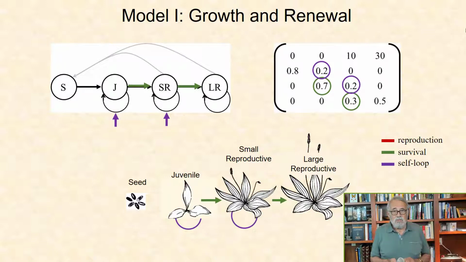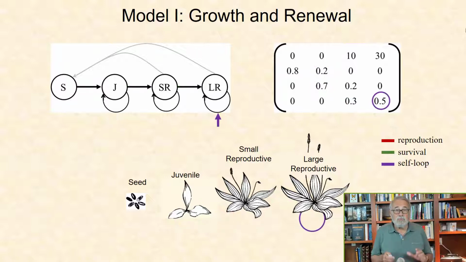From the juvenile class, this model specifies two reproductive classes, and small reproductive individuals have a 0.3 probability of transitioning into the large reproductive class, and the large reproductive class individuals have a 0.5 probability of remaining in this large reproductive class.